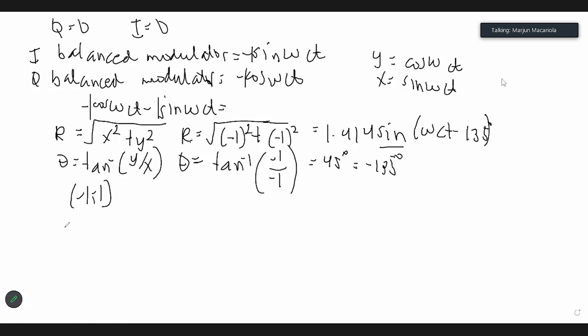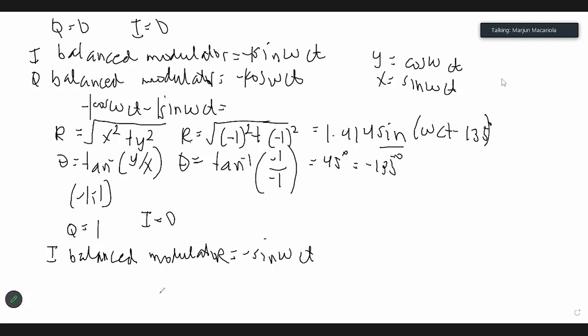So for Q is equal to 1 and I is equal to 0. So ang ating I balance modulator output will be equal to negative sine omega ct.